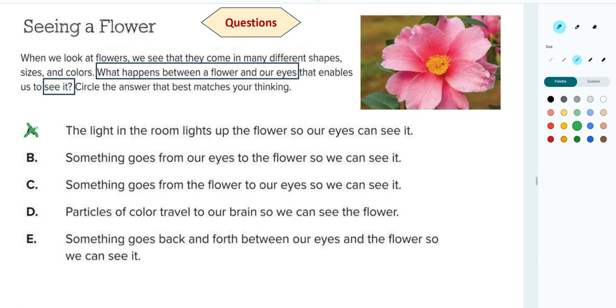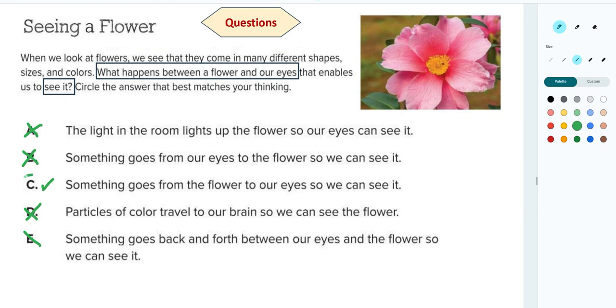Not quite. A lot of you were picking A in class, but that was not right. Something goes from our eyes to the flower so we can see it. No, our eyes do not emit anything. Something goes from our flowers to our eyes so we can see it. Maybe. Particles of color travel. No, particles of color do not travel. Something goes back and forth to our eyes. Nothing is going back and forth.